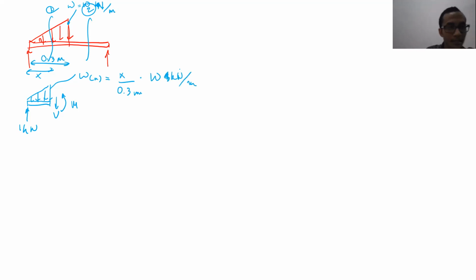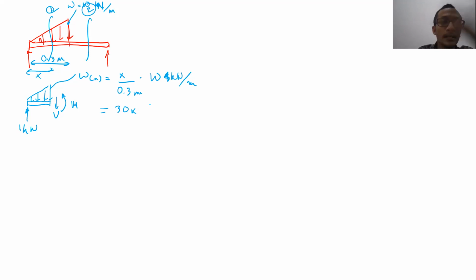So the value of W there is 30x. Do you get it? Wait, so the 0.3 is the width of the distribution? Yes.